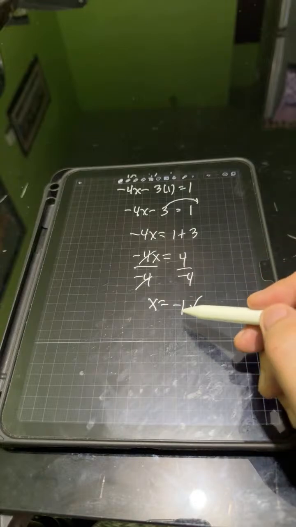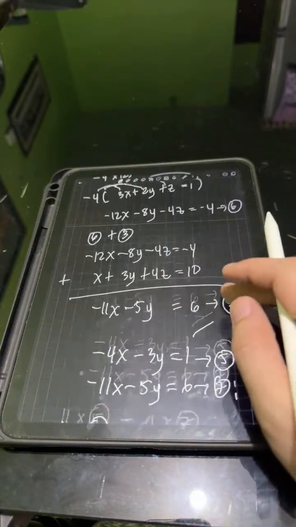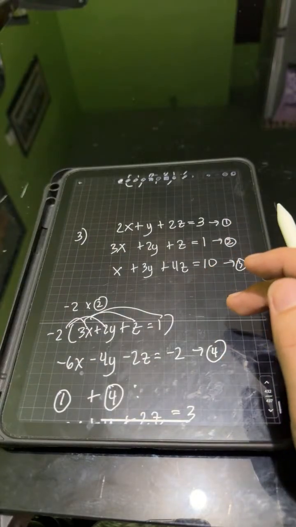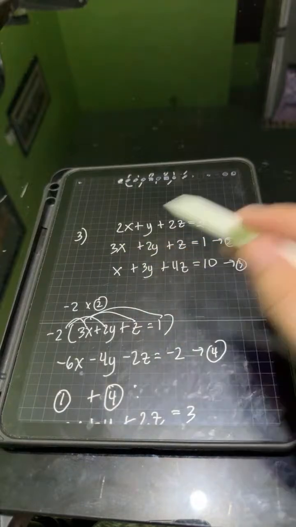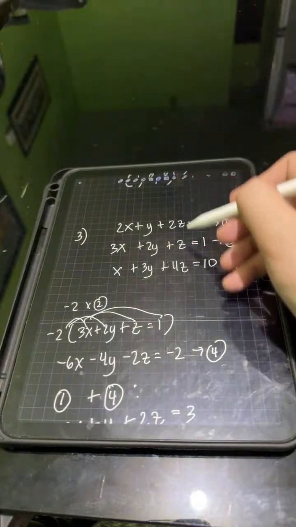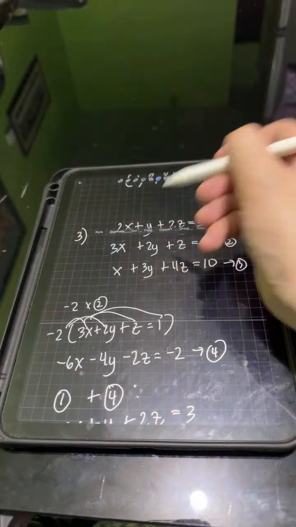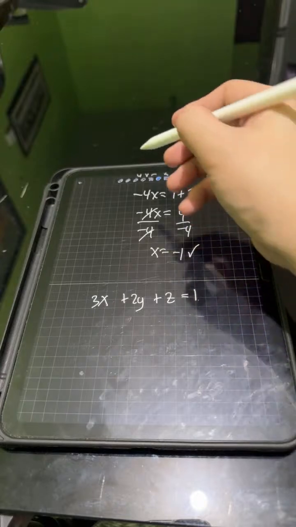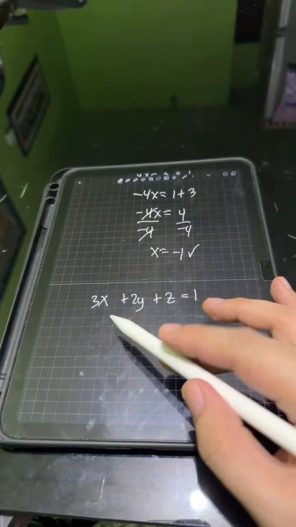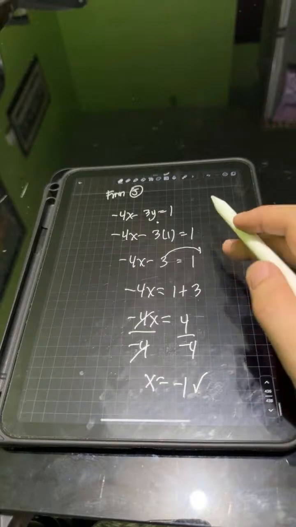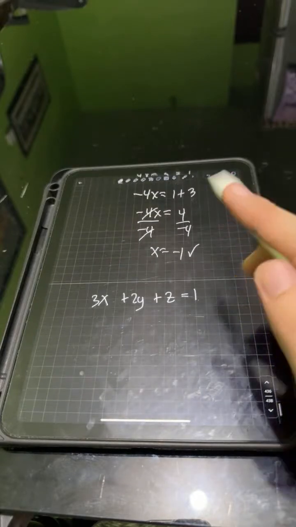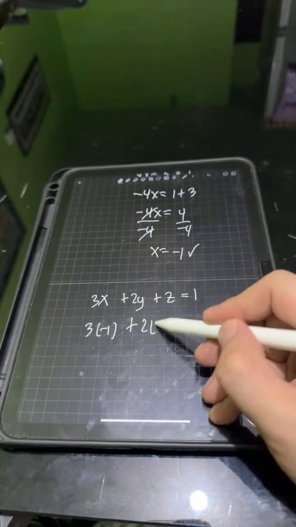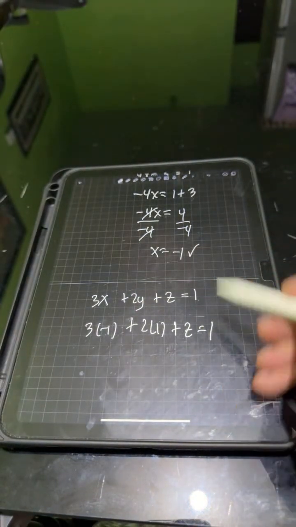Finally, we can solve for z using any of the first three equations. So let's use equation 2. Then plug in here the value of x, negative 1, and the value of y, 1, to solve for z. So 3 times x, which is negative 1, plus 2 times y, which is 1, plus z equals 1.